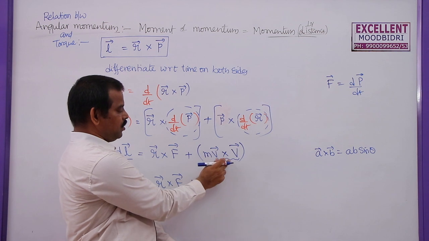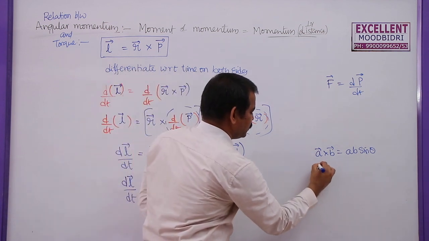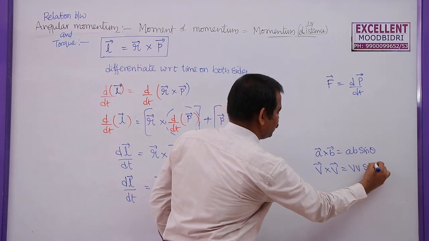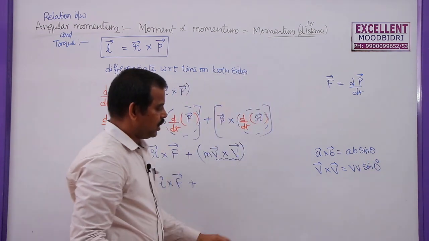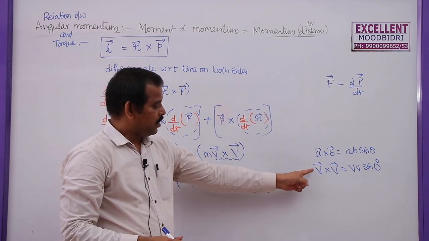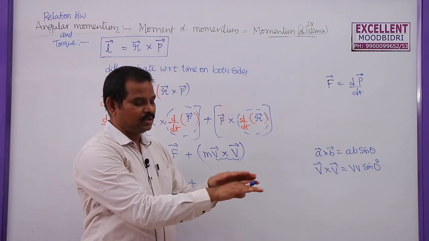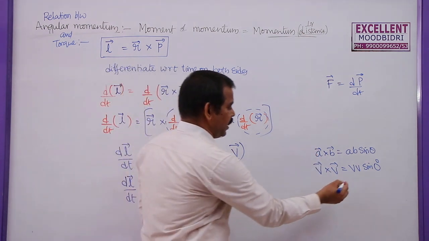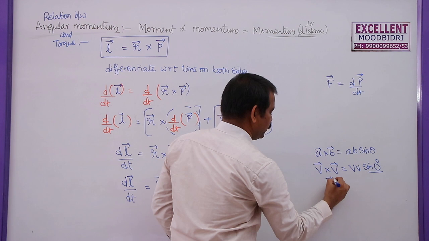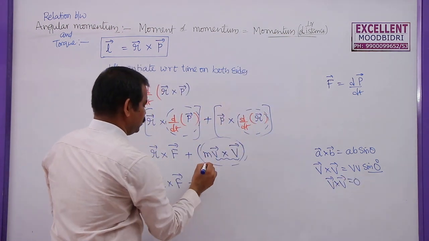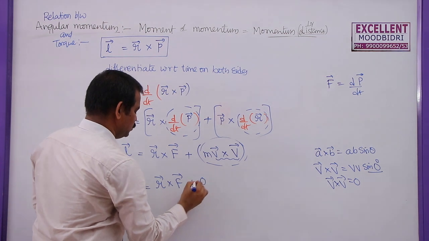Here, V cross V is equal to VV sin 0 degrees, because both are similar vectors acting in the same direction. If you multiply two vectors acting in the same direction, the cross multiplication is always equal to 0, because the angle between them is 0. So, V cross V is 0, and this part becomes 0 here.